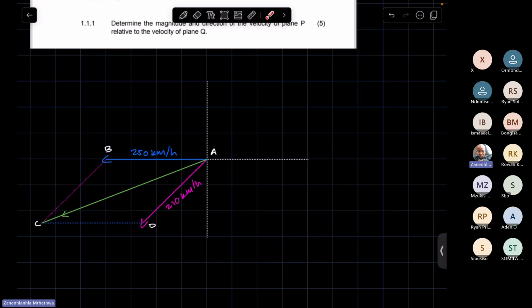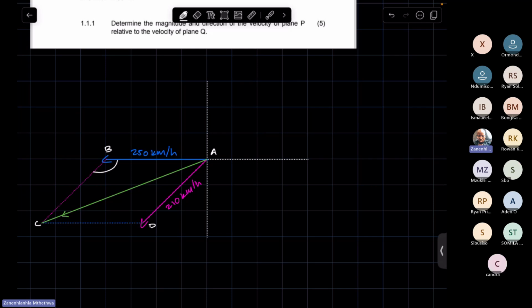Now remember I said to bear in mind that this angle here is 35 degrees. Yes, sir. So that's 35 degrees. Then what is this angle going to be? Remember co-interior angles. 145. Co-interior angles means the sum of the angles forming here.